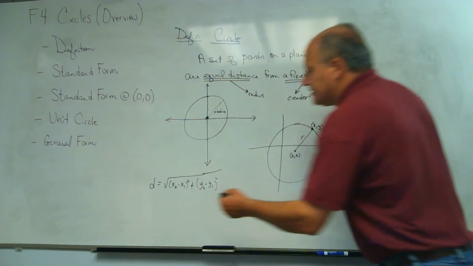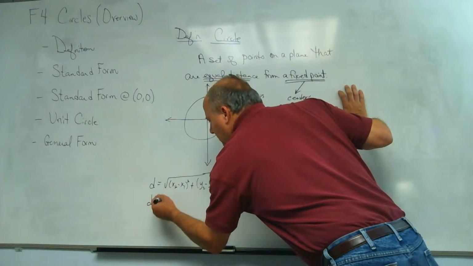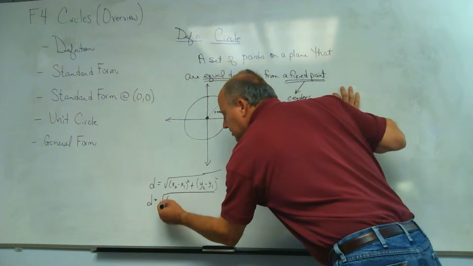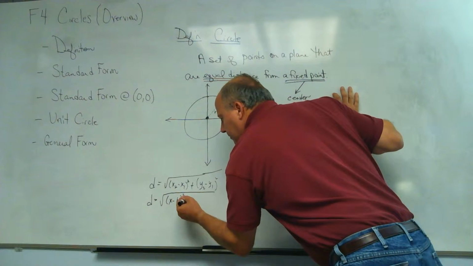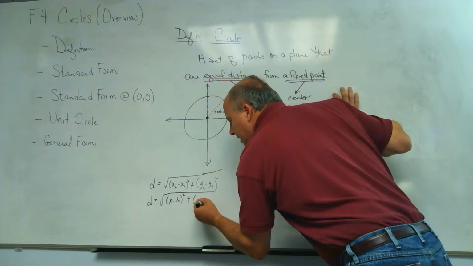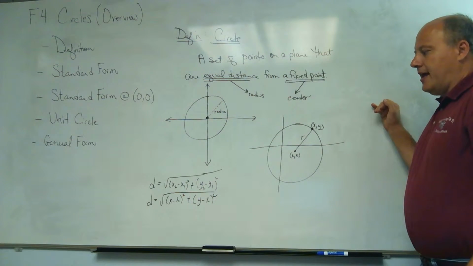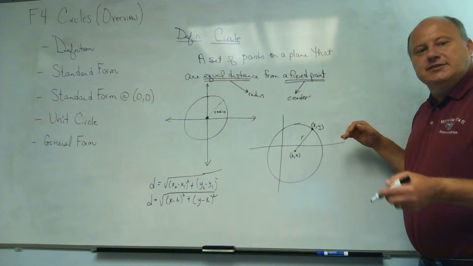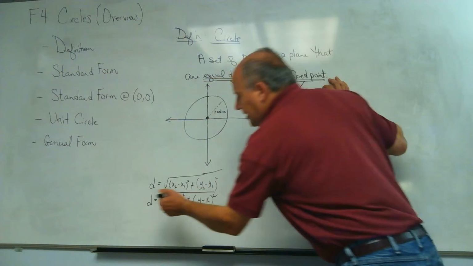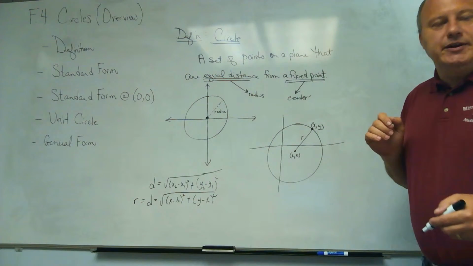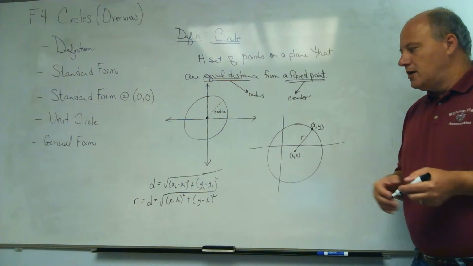So the distance is equal to the square root of the difference of the x's, x minus h, squared, plus the difference of the y's, y minus k, squared. But what is that distance? Well, that distance is r. So the d is actually r. That's what we call the distance between those 2 points, the radius, which is r.